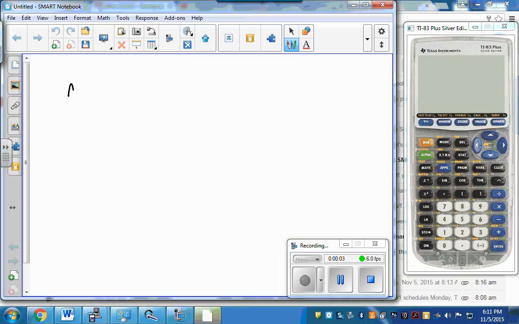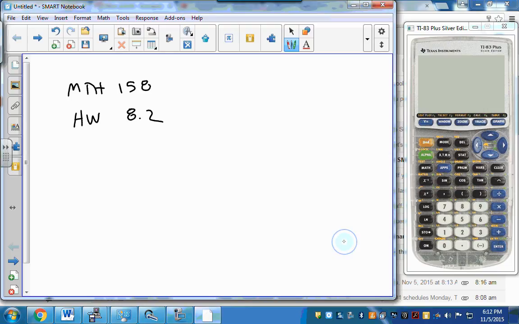Here's our Math 158 homework discussion from 8.2, rational exponents. And once again, I have my calculator handy. I don't think I'll need it for this section, but we can certainly use it. Evaluate each exponential.